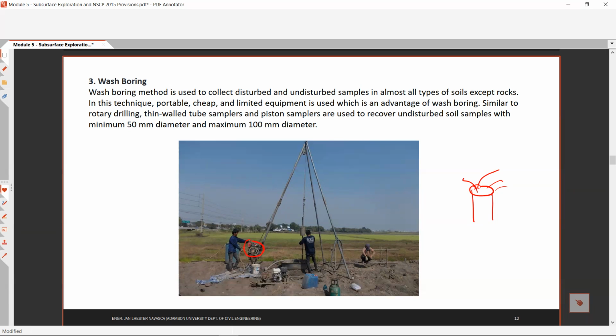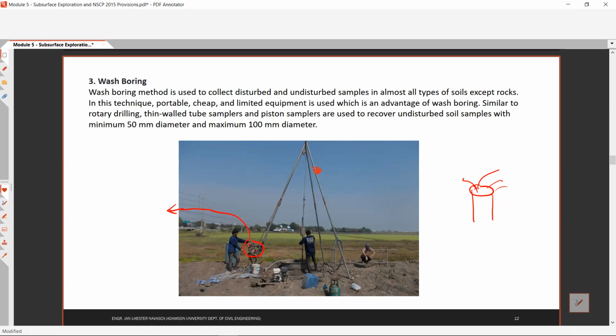Let's say this one is a very small horsepower engine, which is used in farming. When you pump water for a farm, here in the Philippines, it is this one. So they are just using this equipment to help them take samples.